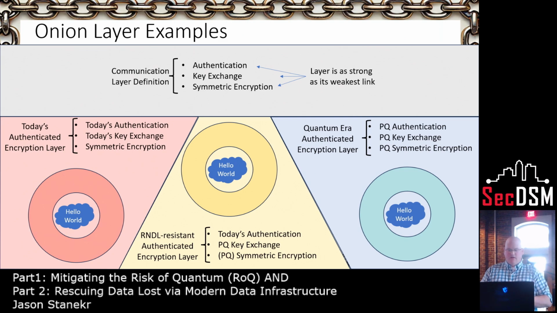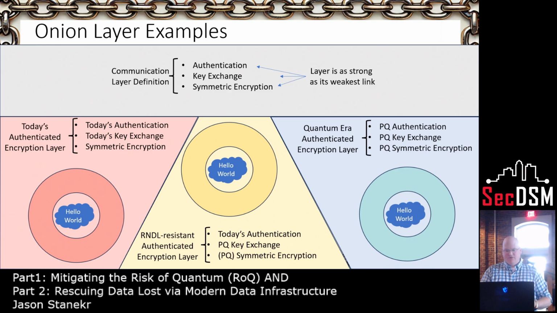And in the blue or green, cyan, there is something that can be helpful when we get to the quantum era. So if we were to design communications today, how would we minimize risk?